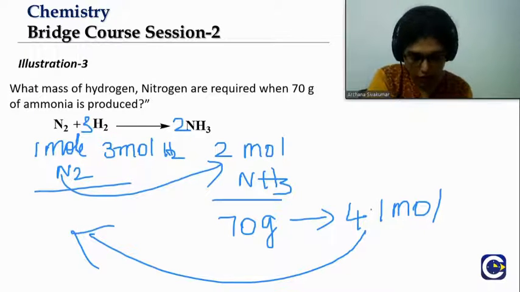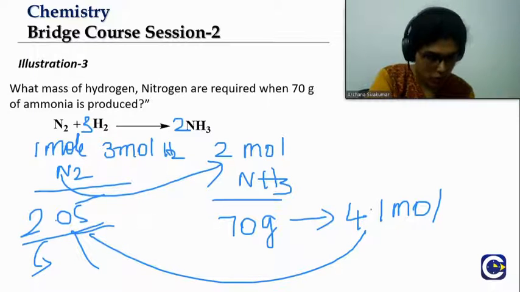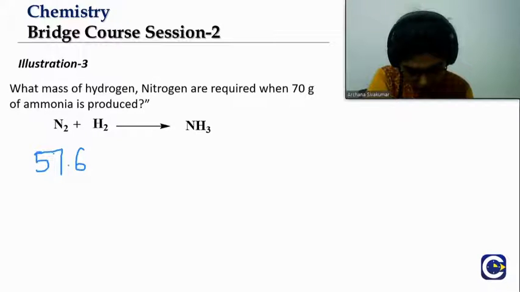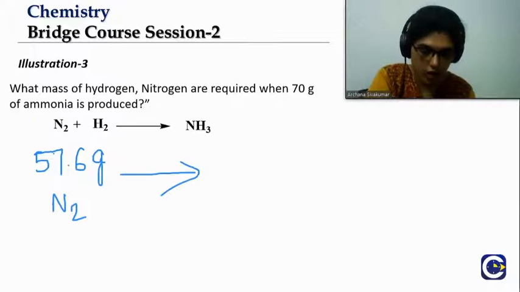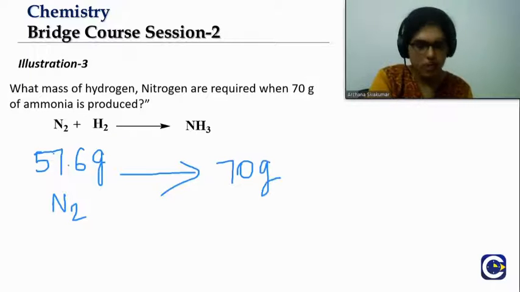We found out it is 2.05. These 2.05 moles were converted into mass using the molar mass conversion. So how much mass was it? 57.6 grams. So 57.6 grams of nitrogen, when reacting with hydrogen, will give you 70 grams of ammonia.